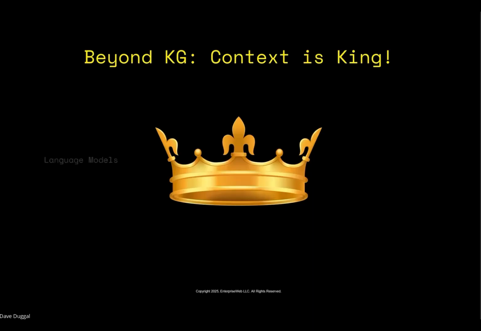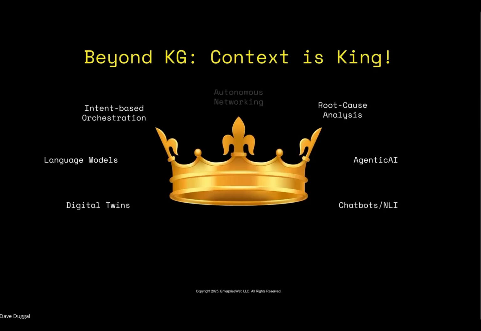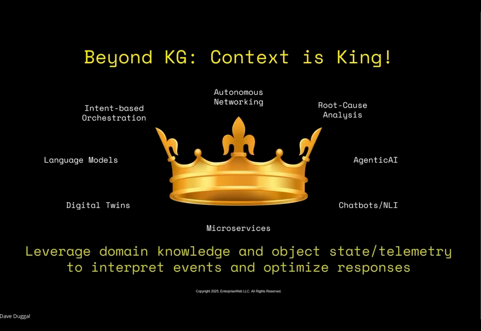And context is the buzzword you're hearing everywhere, because you need context for language models, agentic AI, autonomous networking, root cause analysis, intent-based orchestration, digital twins, chatbots, microservices. Everything in your world needs real-time operational context to be optimized. So the KG itself is not context.